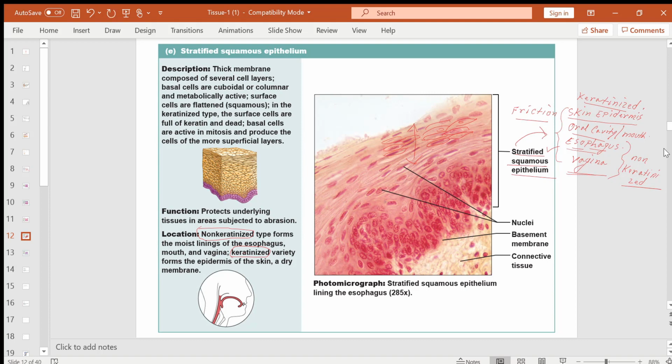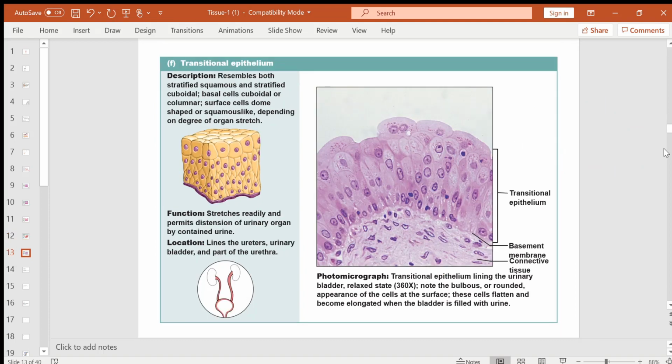Transitional. You remember I mentioned that transitional epithelium cells change their shapes, and two important properties that transitional epithelium has.